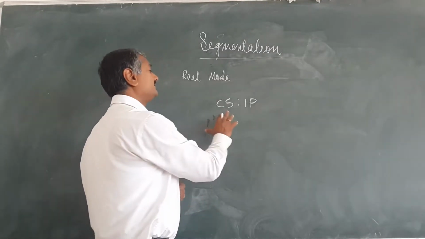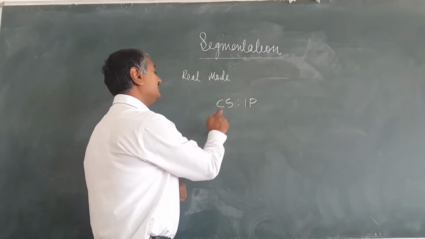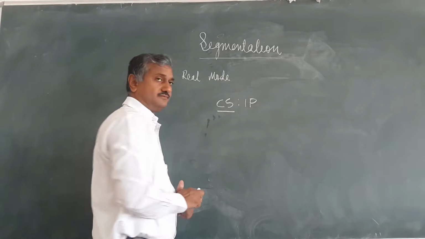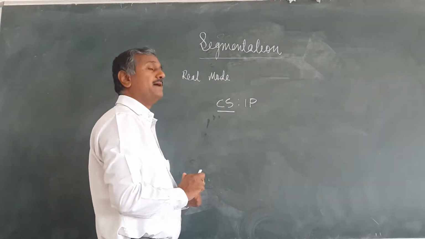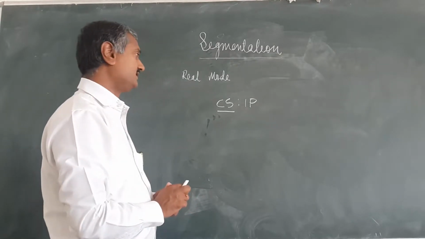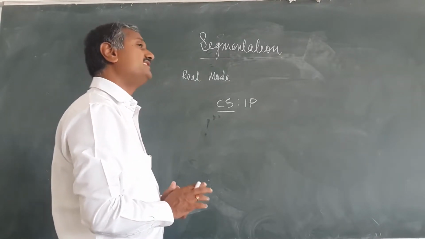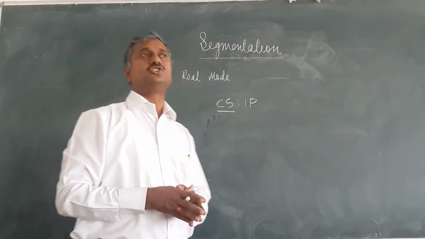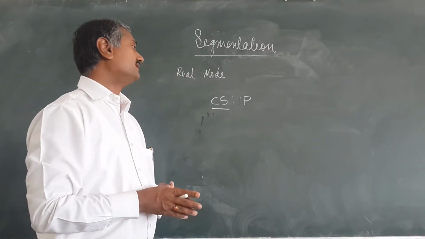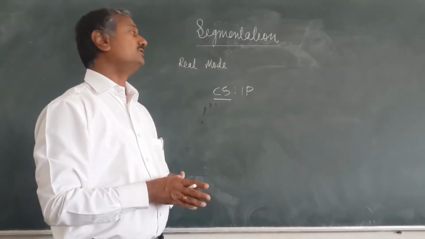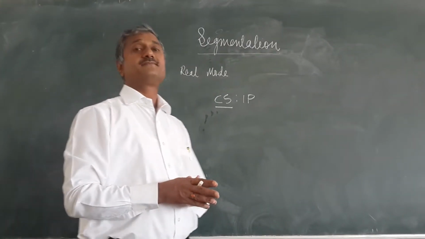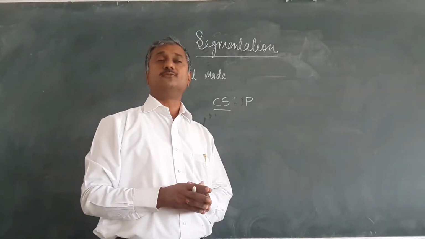The contents of the code segment register are shifted 4 binary positions to the left, so the least significant 4 bits are appended with 0000, and the contents of IP as 16-bit are added to it, so that the effective 20-bit physical address is computed.